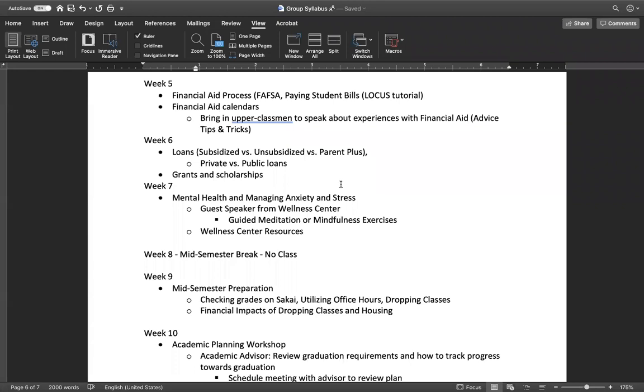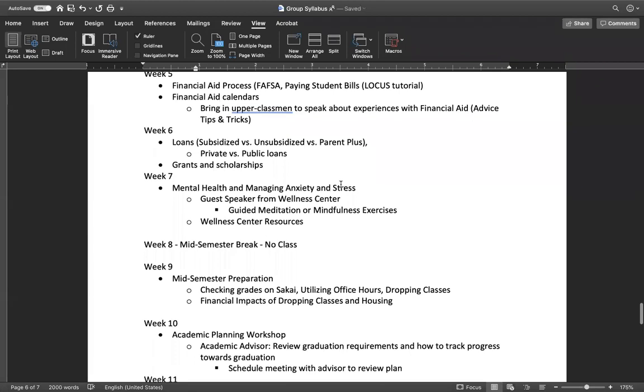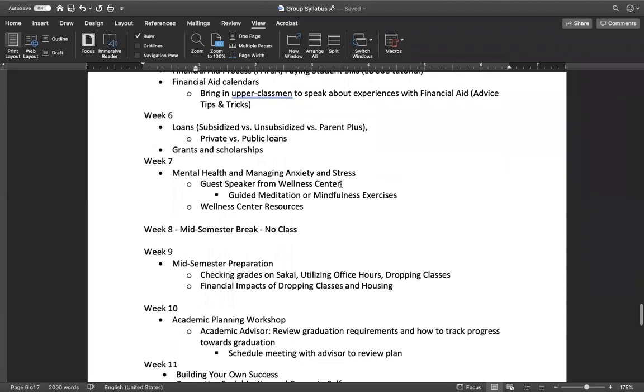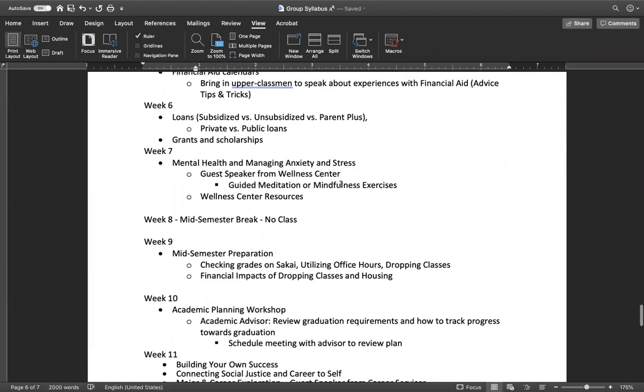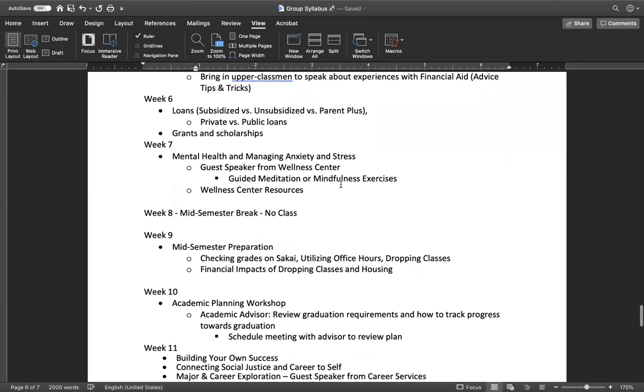Week 6, we're going to go into loans, subsidized versus unsubsidized versus Parent Plus. We'll also look more into private versus public loans. We would like to also bring up grants and scholarships, which are also important to our first gen students.